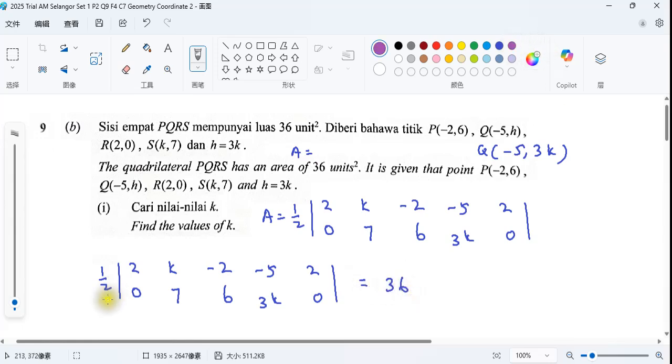So 2 multiply there, so plus and then minus.